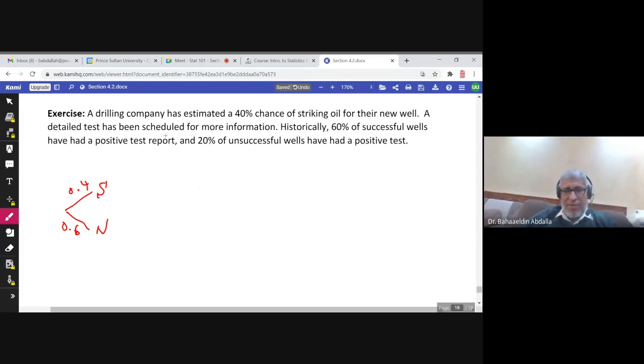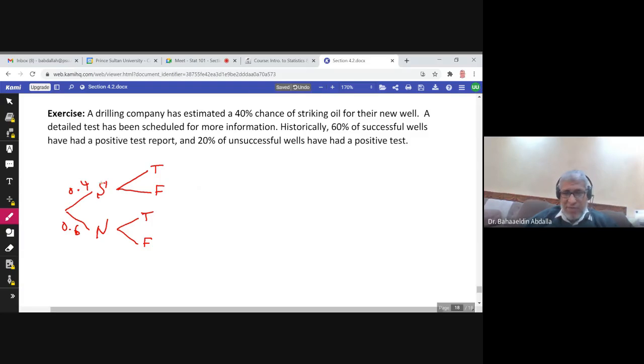A detailed test has been scheduled for more information. Historically, 60% of successful wells have had a positive test. So let me call the test T, and its outcomes positive and negative.